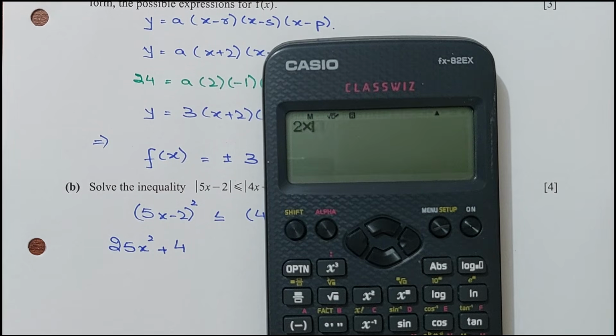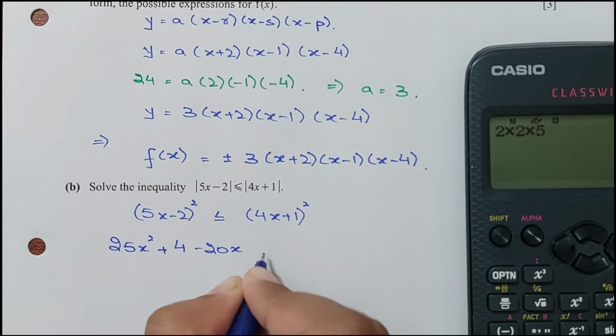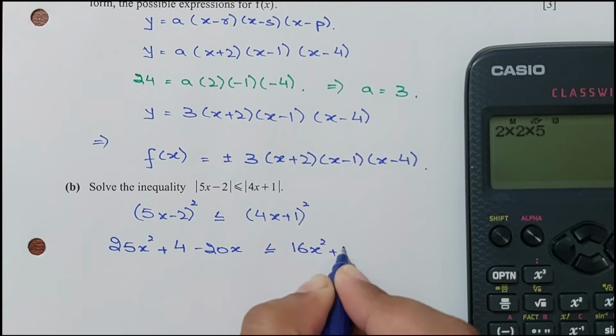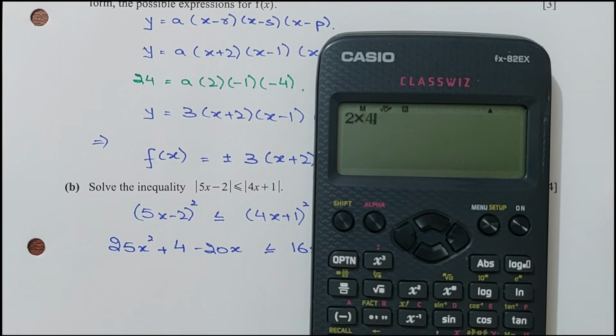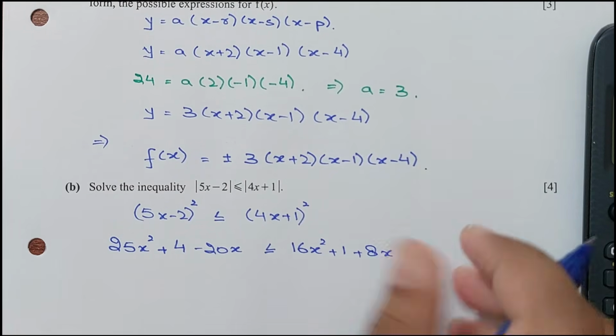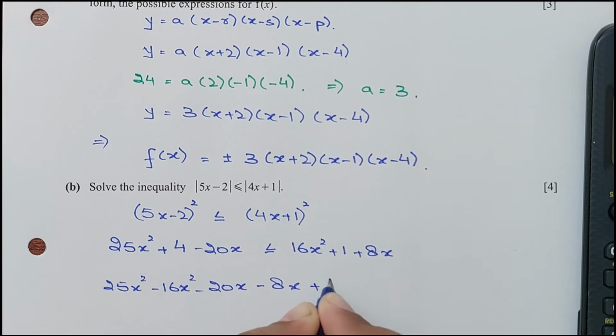And 2 times 5 times 2 is 20, minus 20x, is less than or equal to 4 squared is 16x squared plus 1, and 2 times 4 times 1 is 8x, plus 8x. Shifting all the terms to the left side, so 25x squared minus 16x squared minus 20x minus 8x plus 4 minus 1 is less than or equal to 0, right?